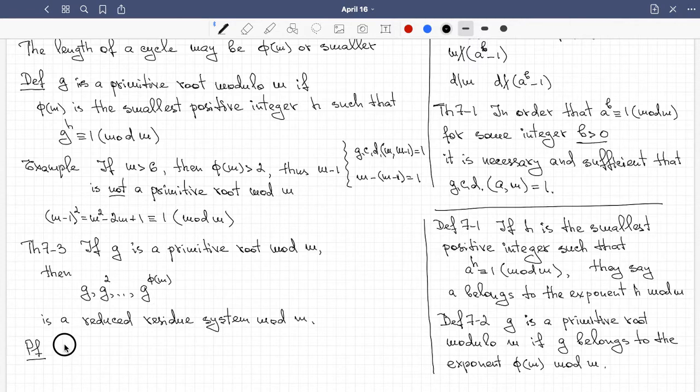So for the proof, note that there are exactly phi of M of them, the right amount.